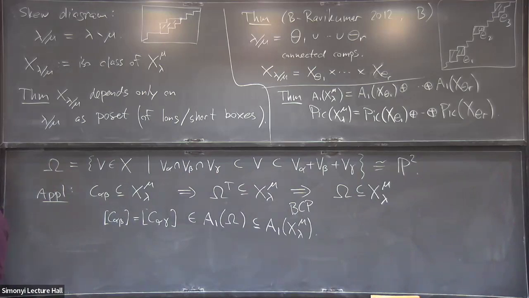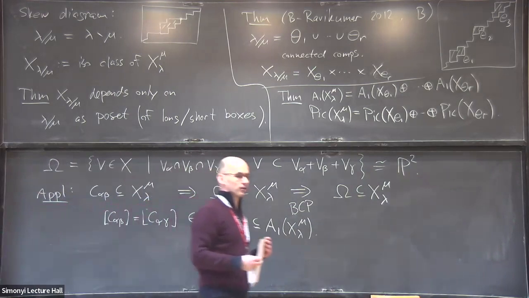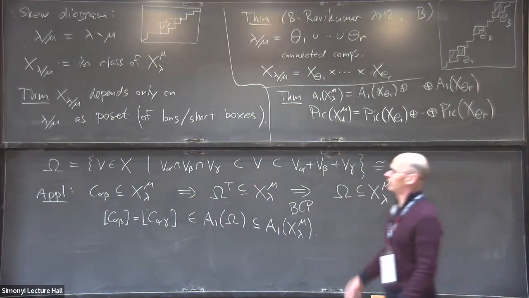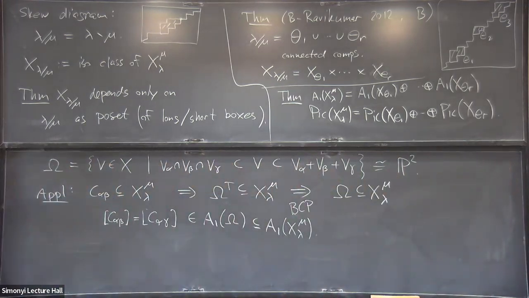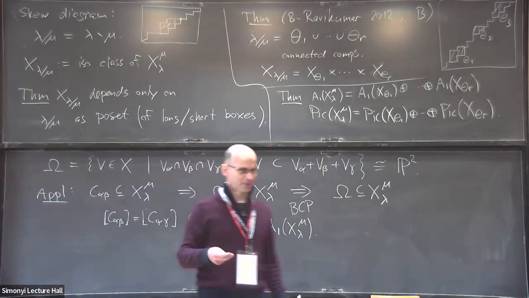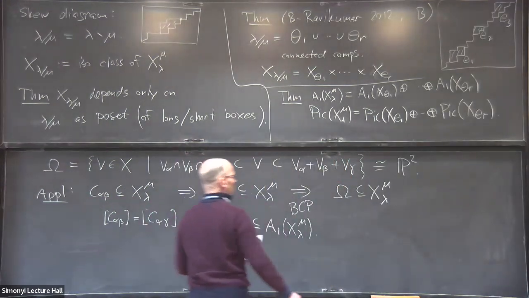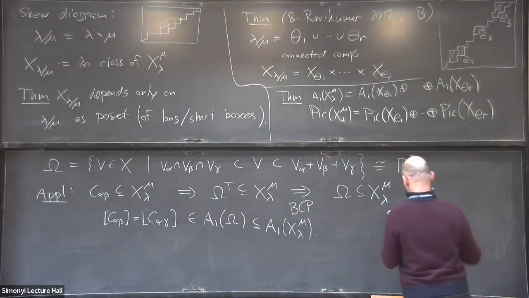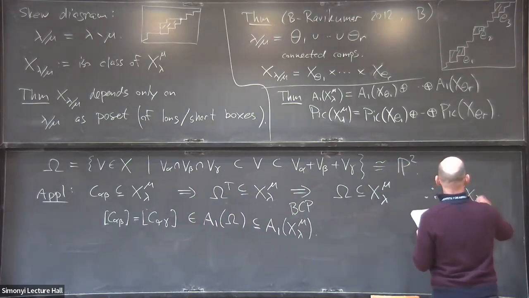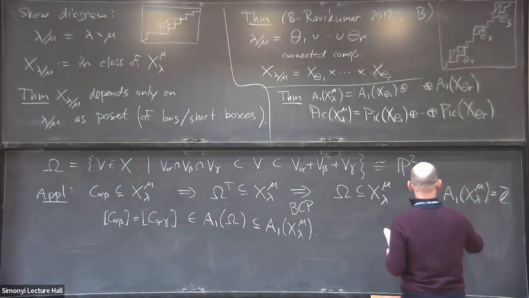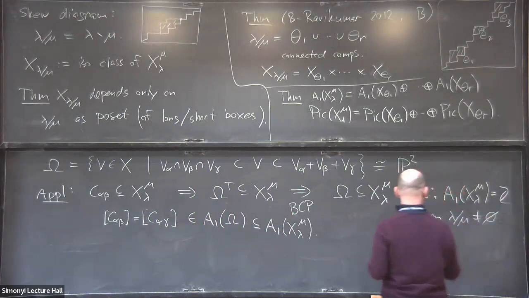You can continue until you just have a T-stable curve for a single box. That's just a one-dimensional Richardson variety. And then again, this property says that all one-dimensional Richardson varieties have the same class inside that Richardson variety, at least as long as the diagram is connected. So, conclusion: the first Chow group of the Richardson variety is the integers when lambda slash mu is not empty and connected.